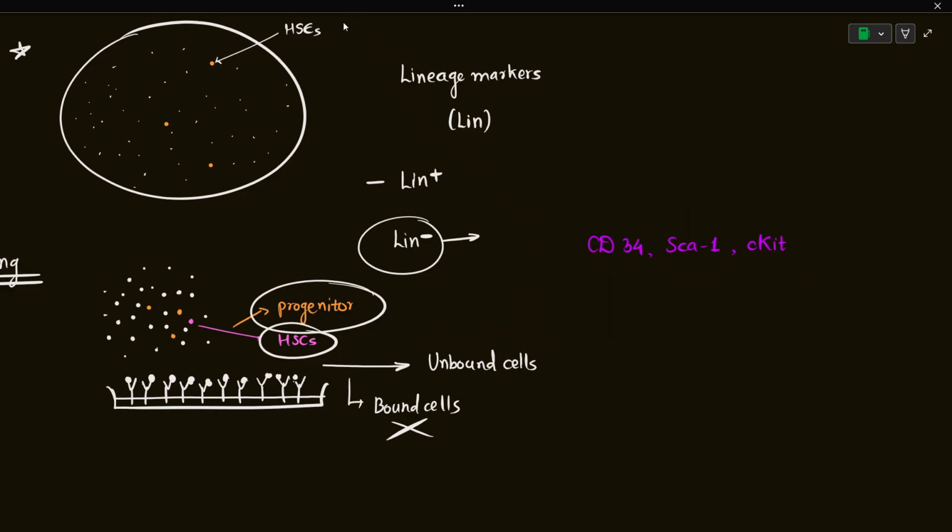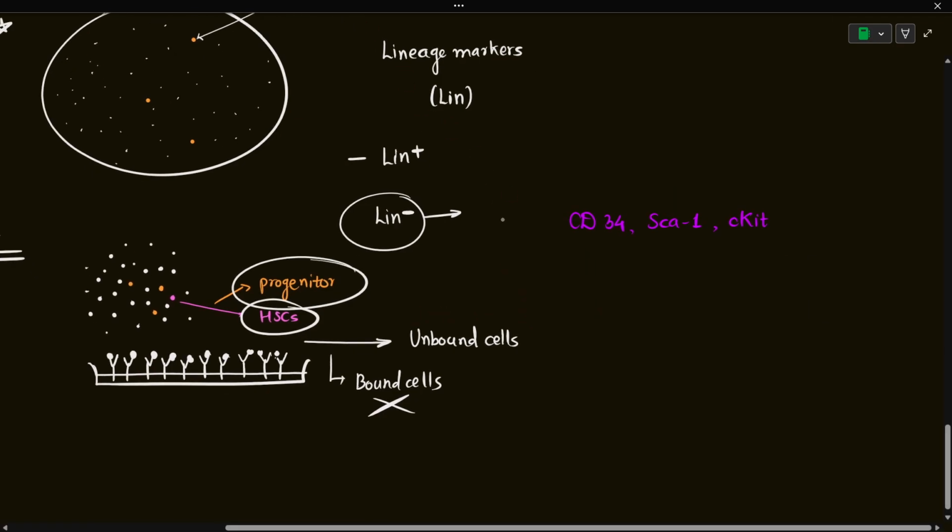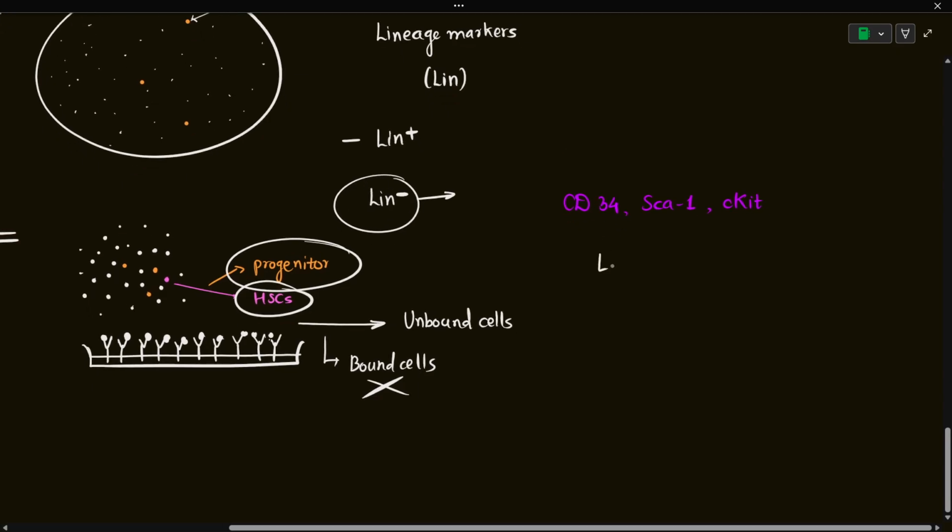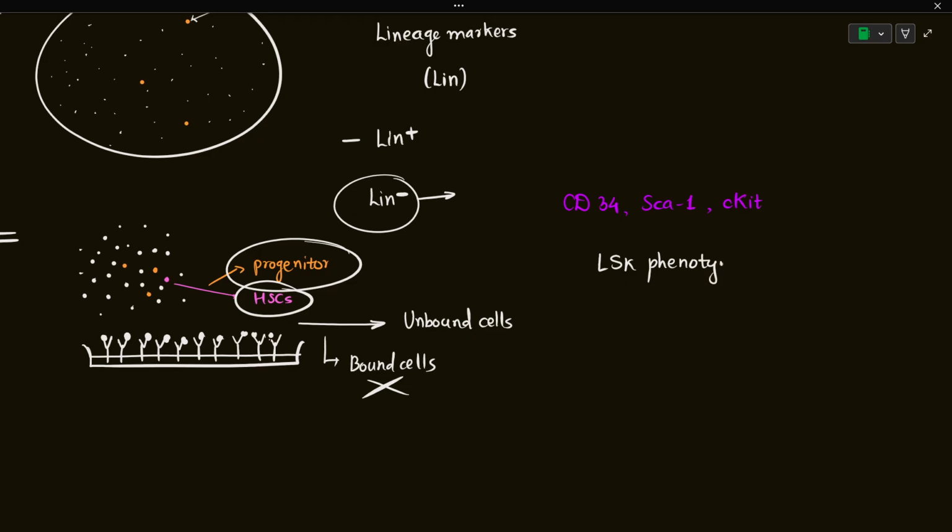And that is why nowadays, for isolation of hematopoietic stem cells, we use the LSK phenotype. The LSK phenotype basically refers to the phenotype of the hematopoietic stem cell. If a certain cell has the LSK phenotype, that is 100% a hematopoietic stem cell. So what is this LSK phenotype? LSK phenotype is cells which are Lin negative, SCA1 positive, and K means c-KIT positive.